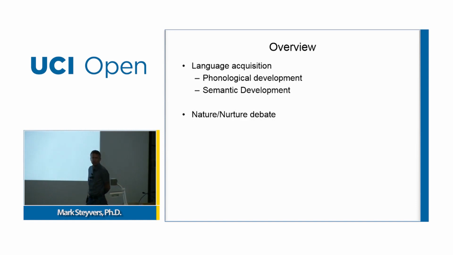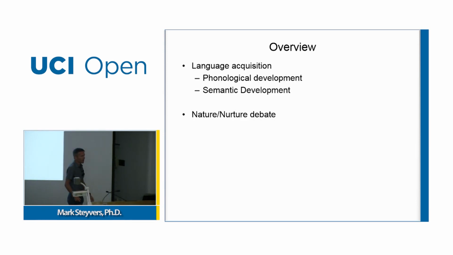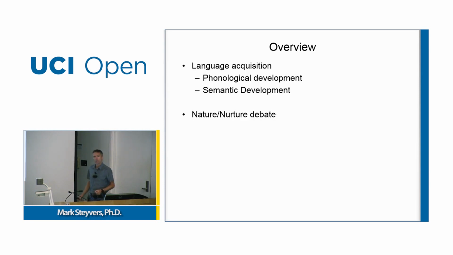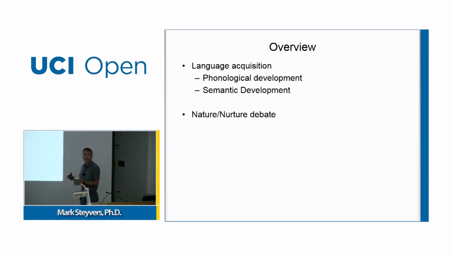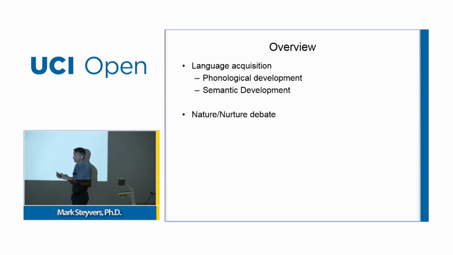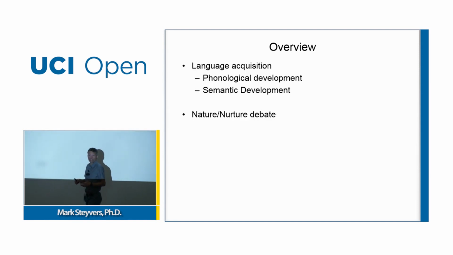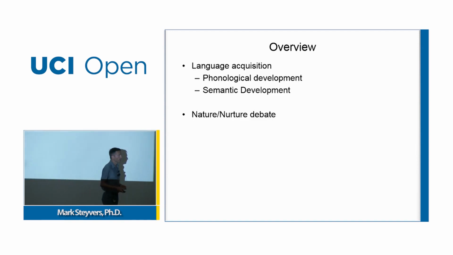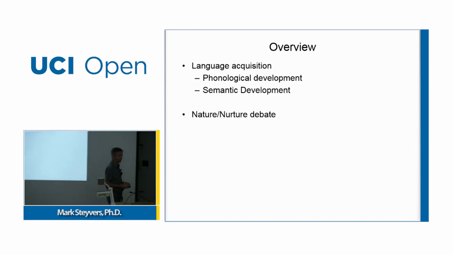How can kids possibly figure out what of an infinite number of things words refer to? And then we finish with the debate on nature versus nurture. To what degree can we explain language learning, language development, on the basis of very simple learning rules? And to what degree do we need to invoke biology, genetics, to explain our ability to acquire languages?